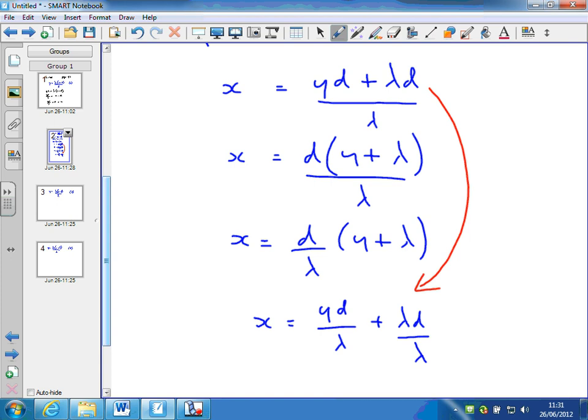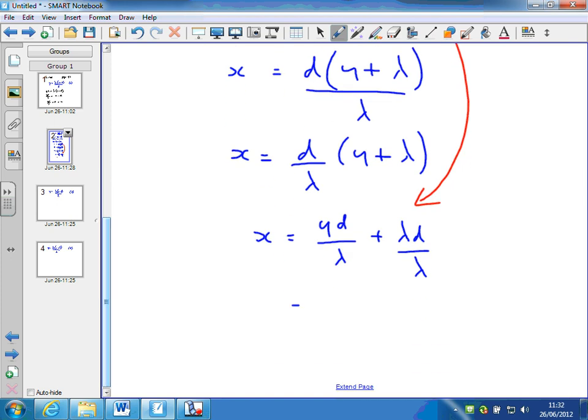Now you can see that in the second term on the right-hand side, the lambdas cancel out. So that leaves just d, and that's the first form of the solution. So you can see that they give the same solution.